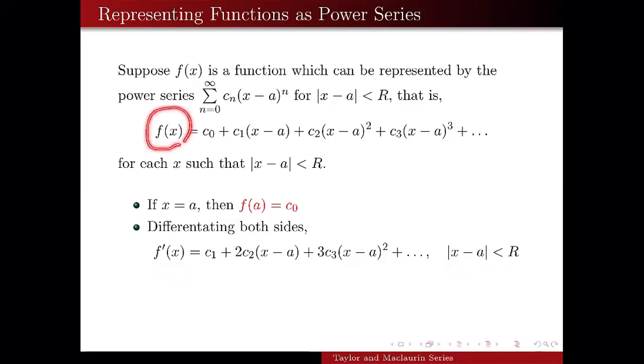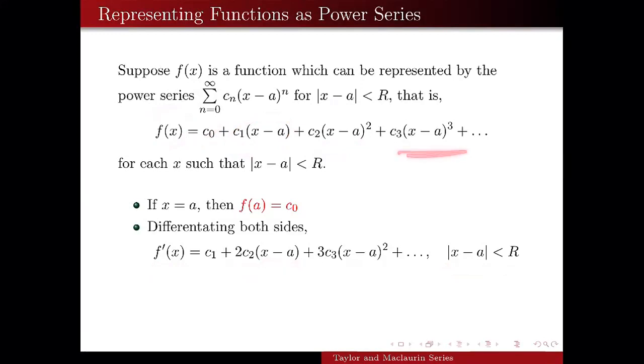On the left-hand side, we just have f prime of x. On the right-hand side, of course, this constant will disappear. This will just be c1 after differentiating. This term here, after differentiating, will give 2c2 times (x minus a).